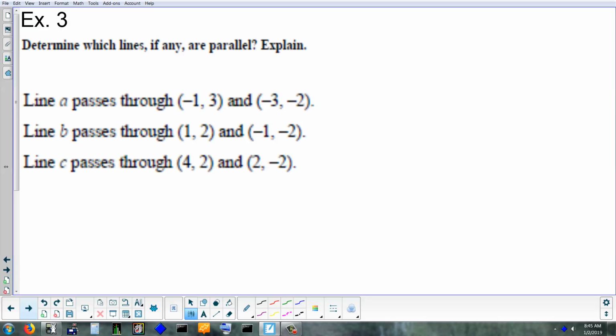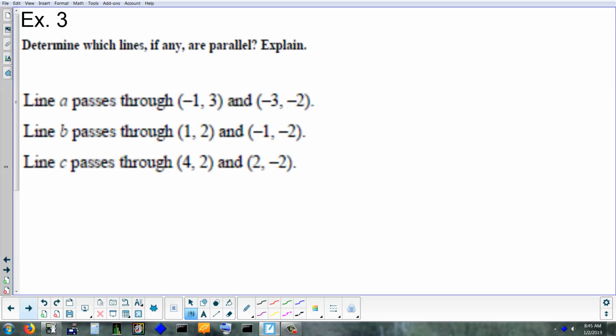So for this, we're giving you 2 points. In order to figure out if a line is going to be parallel to another line or not, yeah, we could draw it out, that's fine. But what are we looking at specifically? What's gonna be the same and what's gonna be different?